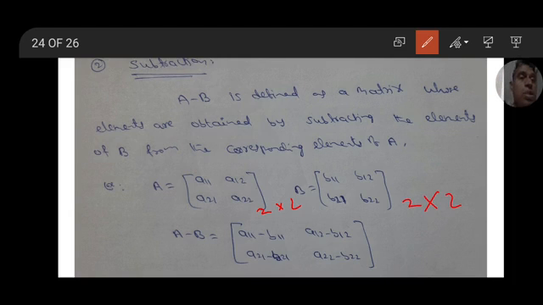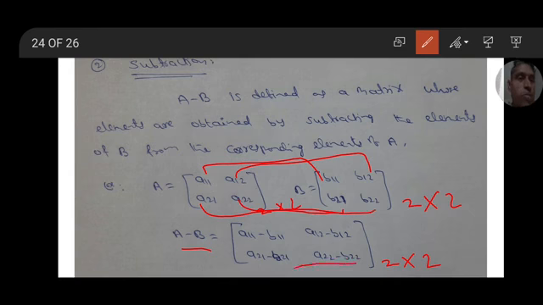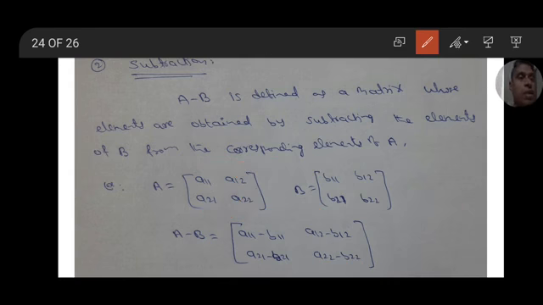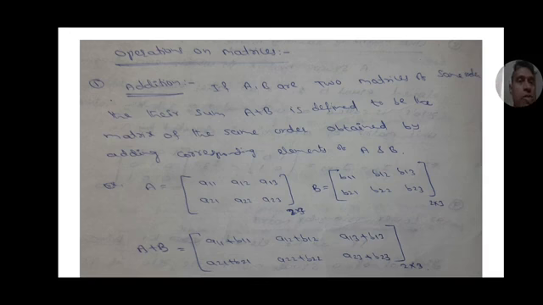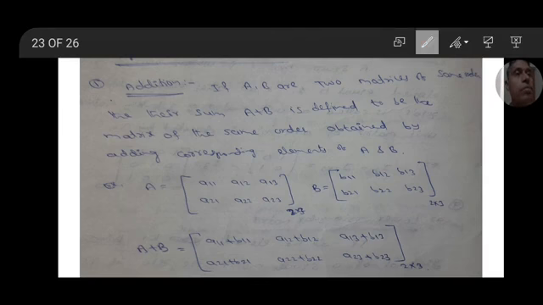Subtraction, A minus B, is also a 2 by 2 matrix: a11 minus b11, a12 minus b12, a21 minus b21, a22 minus b22. Okay, that is subtraction of matrices. Corresponding elements are subtracted, then it is A minus B. If added, it is A plus B.